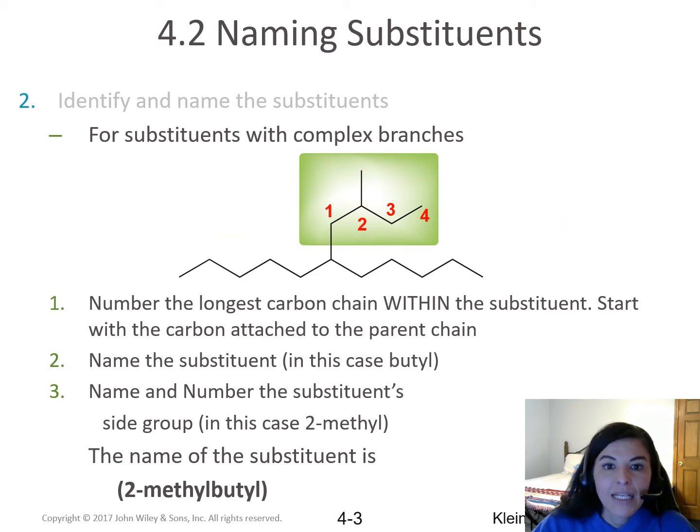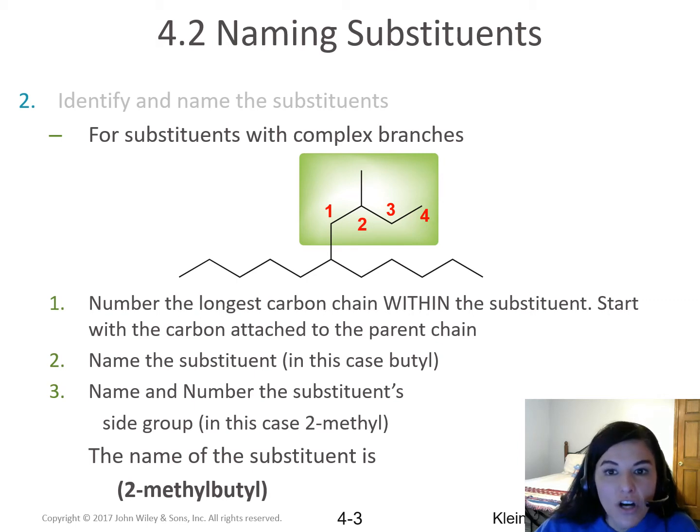Okay. Now, for substituents with complex branches, meaning essentially a branch that itself has another branch point, there's a long way to kind of get through this. You have to number the longest carbon chain within the substituent.